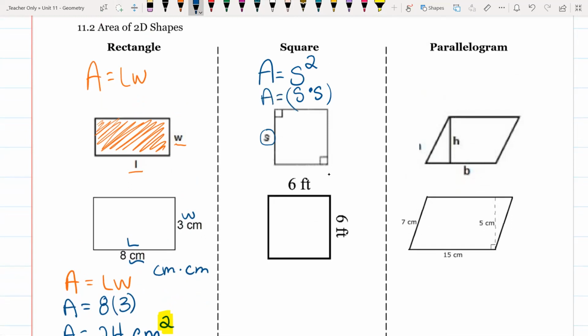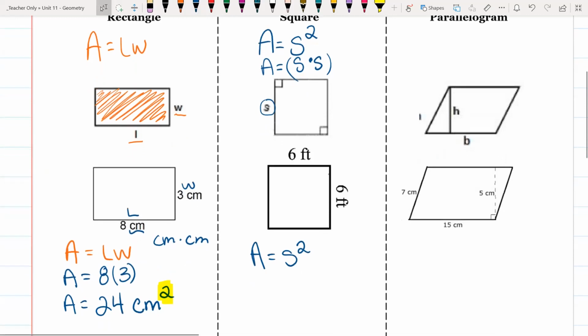So we're just going to multiply this, because remember, a square, all the sides are the same length. So we're going to plug this into our formula. Area equals side squared. The side of our square is 6 feet, right? So we can plug that in for S, and then we'll have that squared.